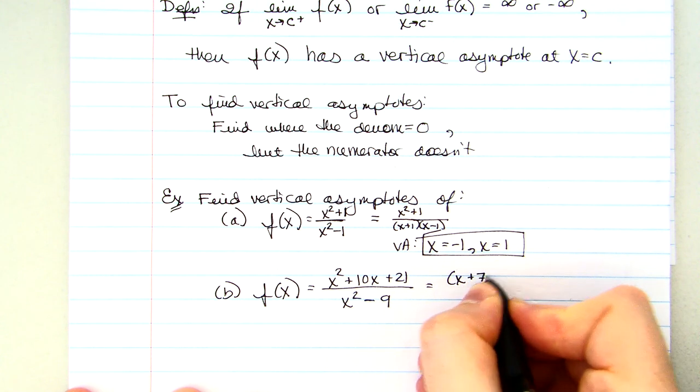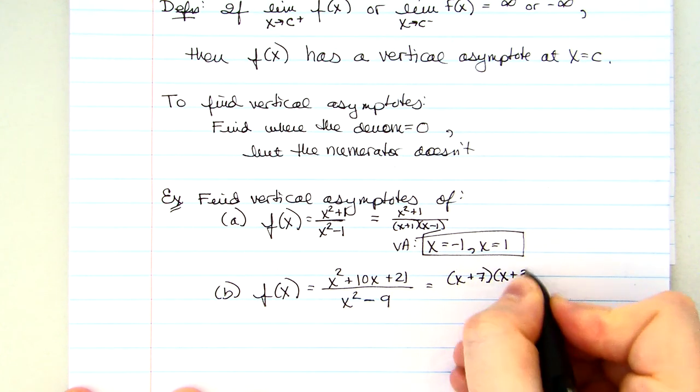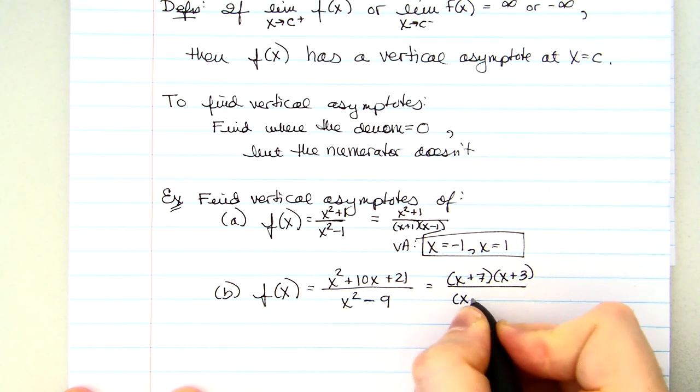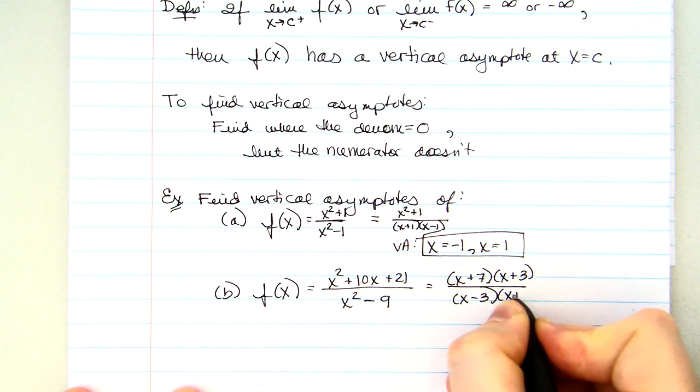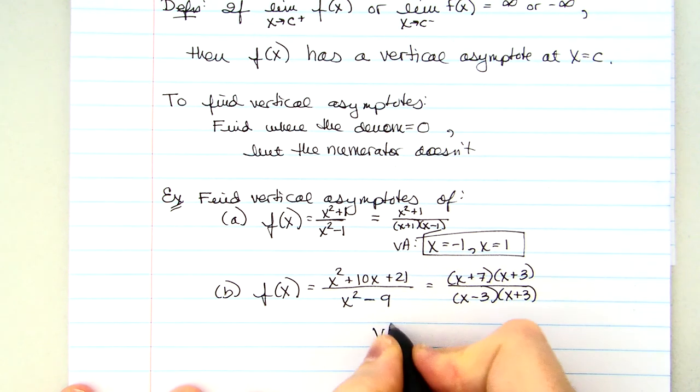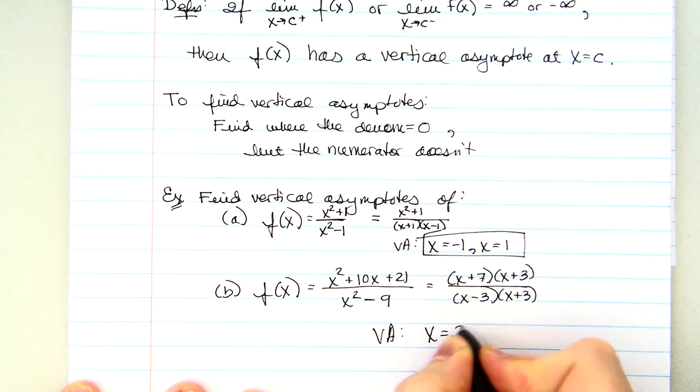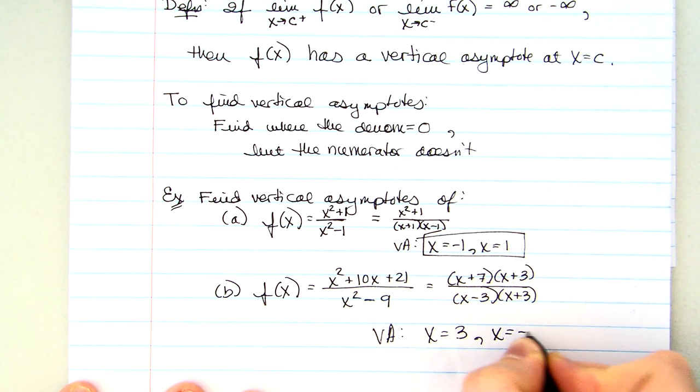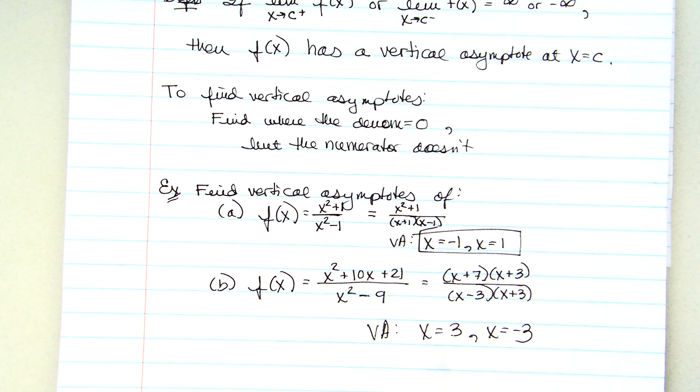X plus 7, x plus 3, x minus 3, x plus 3, vertical asymptotes at x equals 3, x equals negative 3. Good.